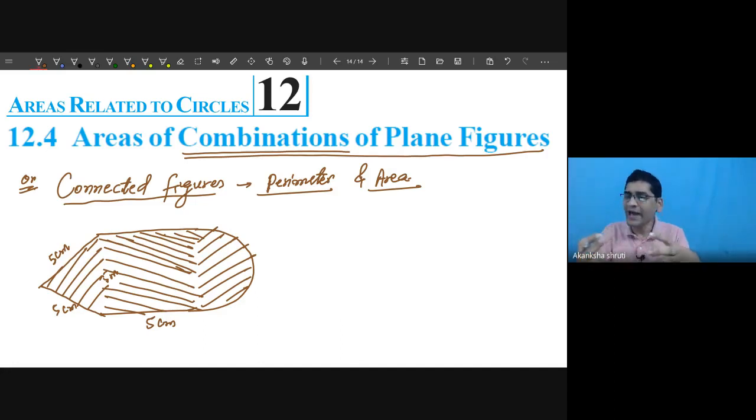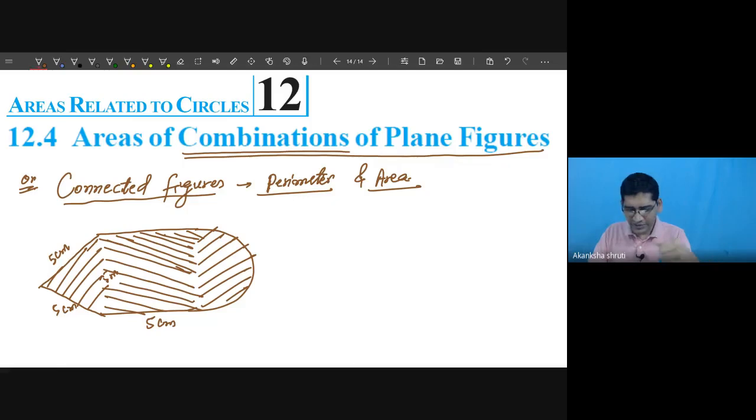Similarly, for getting the perimeter, you shall take care of converting it into known parts, I mean into known figures. Say from one end, we can observe it is a semicircle. So only the circumference part we need to consider. No need of taking the diameter.